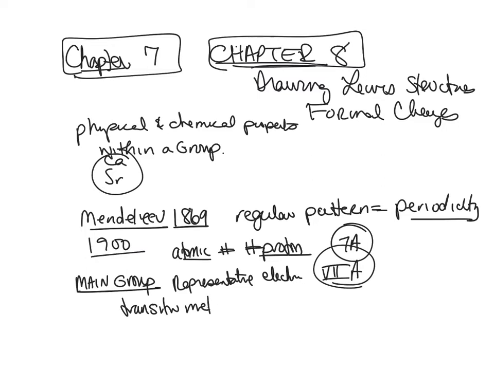And transition metals are your D block. And these are 1B through 8B. And those are your transition metals, and they'll have different charges. And then you have your F block, which is the lanthanide and the actinide series below that.